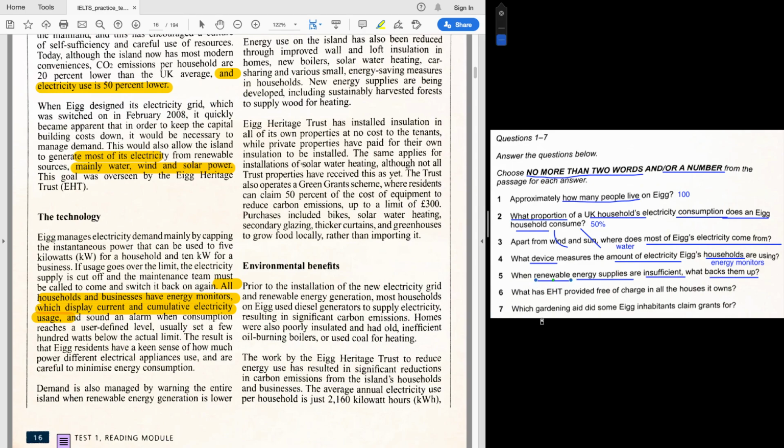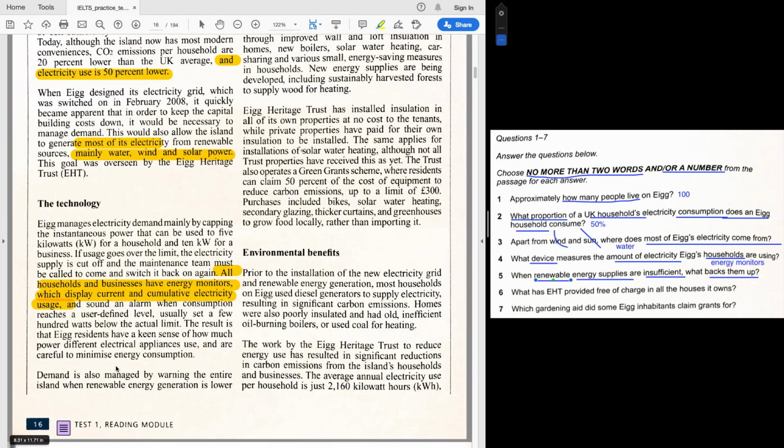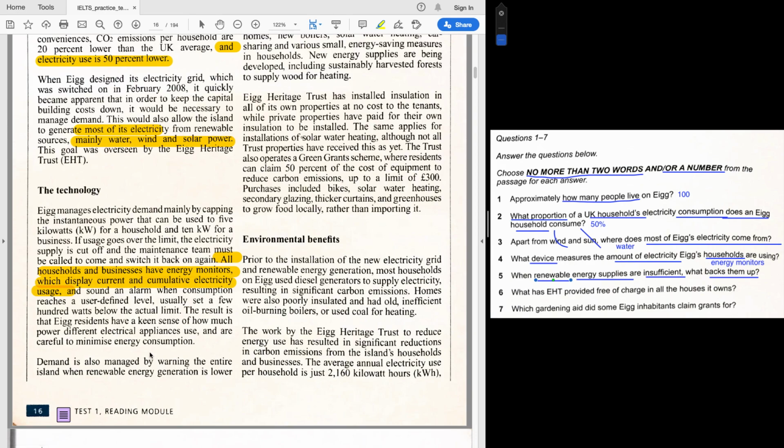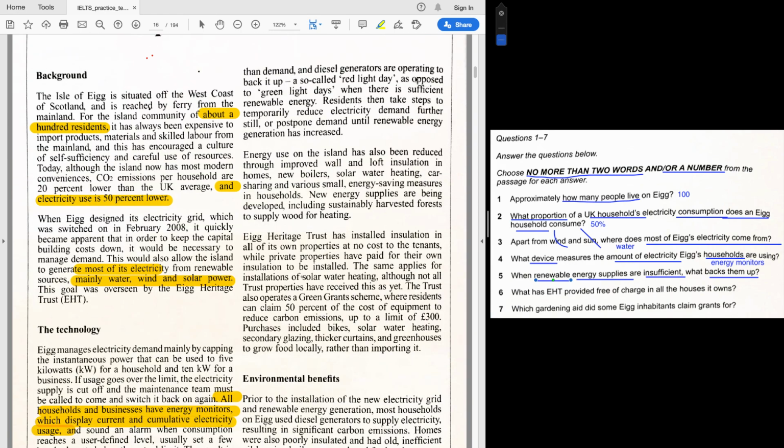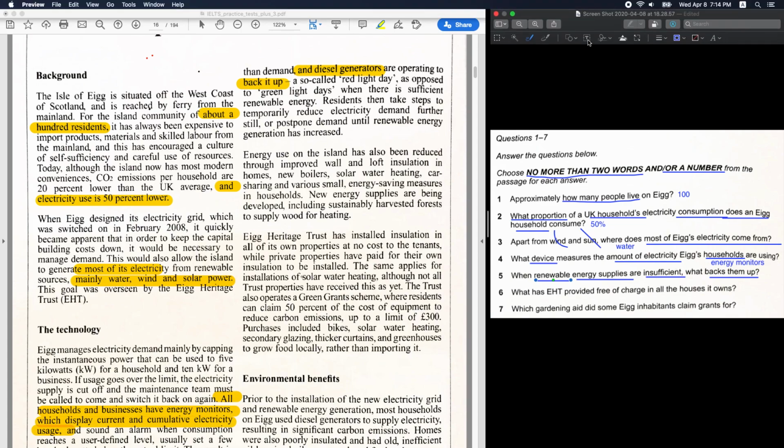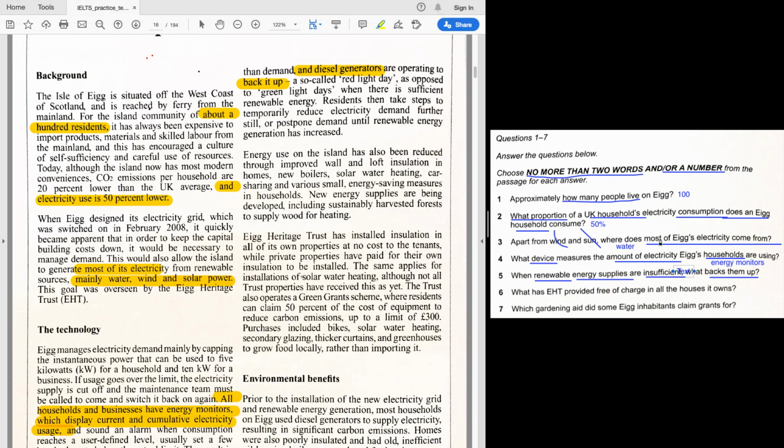Backs them up is the key piece here. In other words, helps, protects, secures. Lower demand, diesel generators are operating to back it up. Look at the key piece here: back it up, and then we have diesel generators. Super, so this is what we type in.